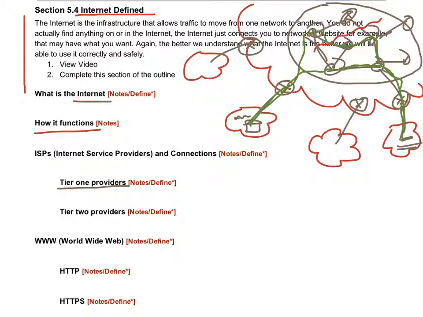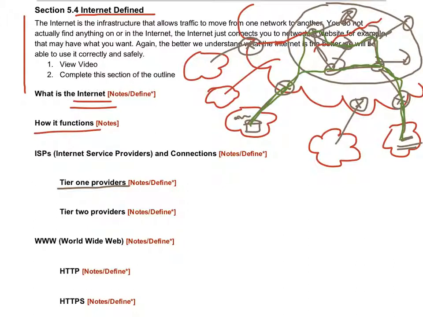Then they let the universities get involved, and somewhere in the late 80s, early 90s, it became commercialized, allowing all kinds of people to use it. But remember, the internet is just a means to connect you to all these other networks, and there are literally thousands of them.